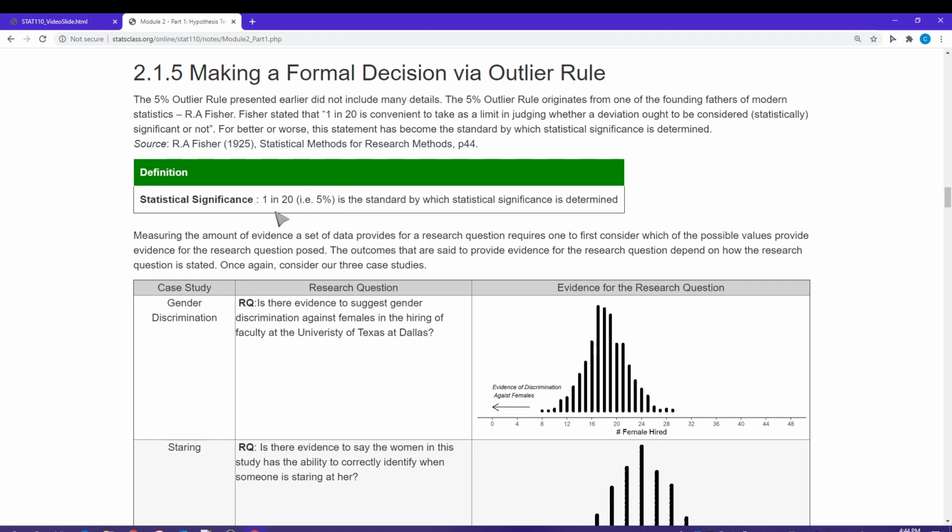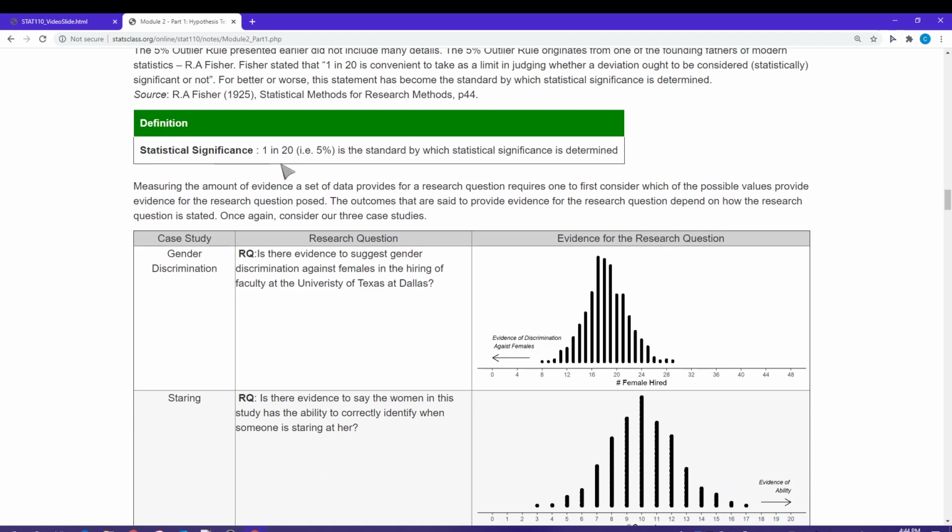And since that time, which was almost 100 years ago, all statisticians, and actually all people, when they're trying to determine statistical significance, it is assumed that you are using the 1 out of 20 rule, or the 5% rule. 1 out of 20 is 5%.